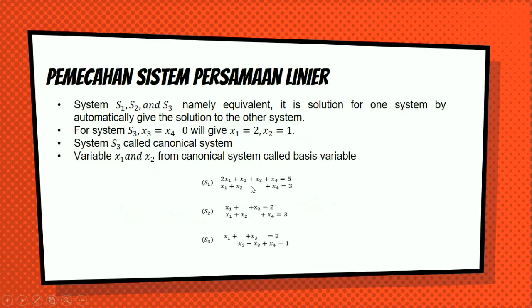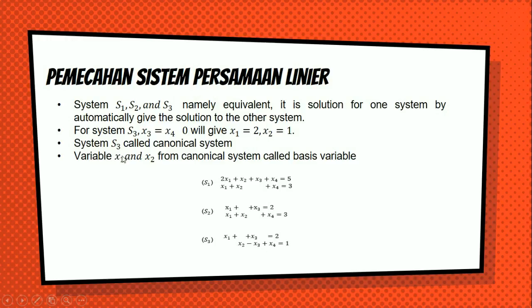And second, for system S3, x3 and x4 equal to 0. So x1 becomes 2 and x2 becomes 1. So if we enter 0 into x3 and x4, x1 has a value equal to 2 and x2 equal to 1.